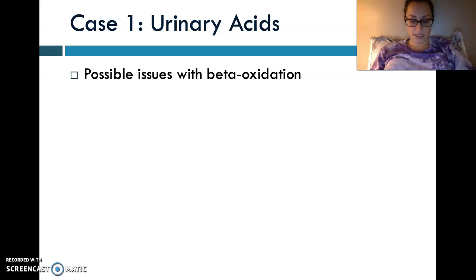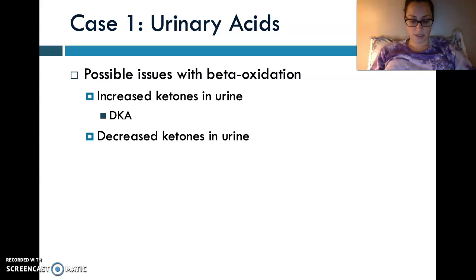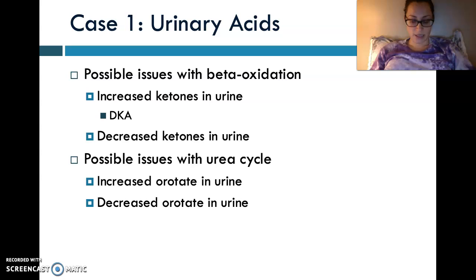However, increased ketone bodies may also indicate diabetic ketoacidosis. On the other hand, an increase or decrease in orotic acid in the urine is a specific indicator of a urea cycle disorder. Thus, if we test for orotate in the urine, we can distinguish between a beta oxidation disorder and a urea cycle disorder.